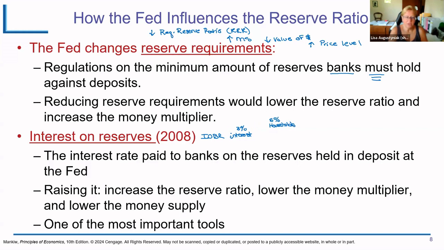However, if the Fed increases this interest rate to say 6%, then banks are going to want to hold more in reserves at the Fed. That's going to decrease the money supply, which is going to increase the value of a dollar, which is going to decrease the price level or inflation.